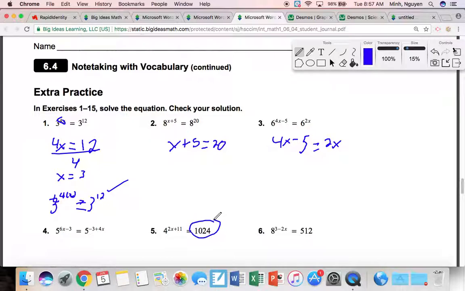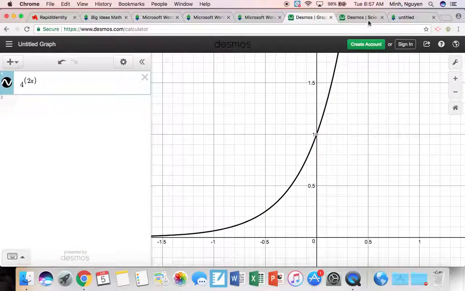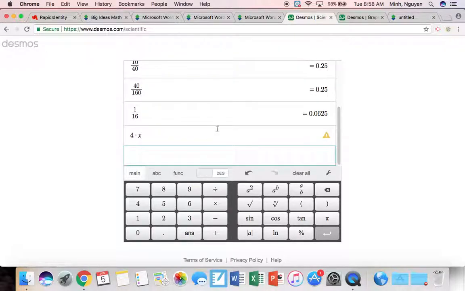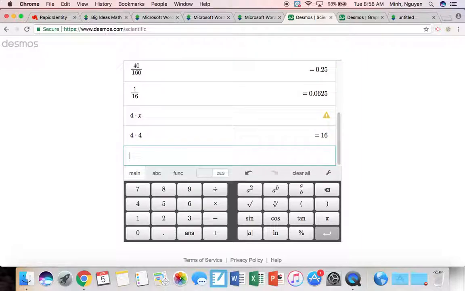So I had to figure out, 1024 is equal to 4 to the what power? So really, I'm just going to say 4 times 4, 16, 4 times 4 times 4 times 4 times 4. Now, how many 4s is that? That's 1, 2, 3, 4, 5.